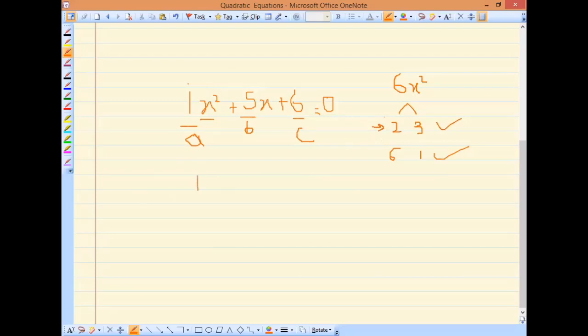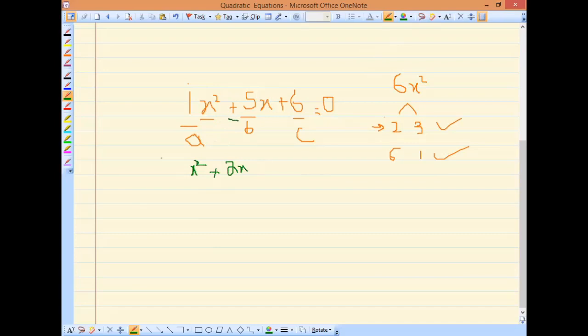Okay, so first of all, I will not write 1 now, because it's understood that if there is nothing written, it means 1. I will write as it is x square plus. Now I will write 2x. Okay, so one thing more, we have to be careful whatever the sign is.